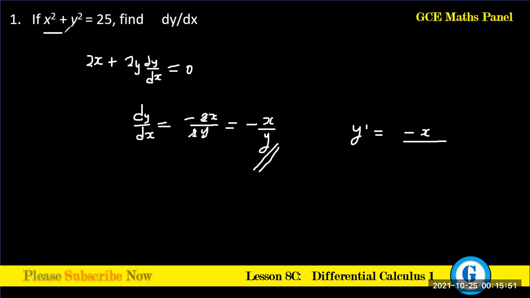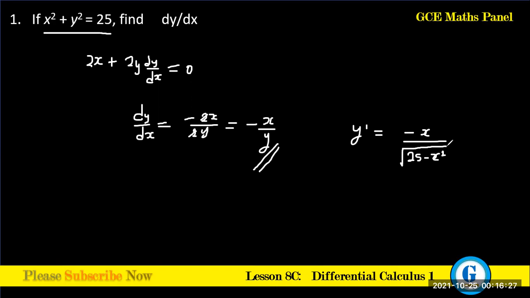So y squared will be equal to 25 minus x squared. And then I take the square root of all of that. So we have the square root of 25 minus x squared. And we have expressed this function in terms of x only.